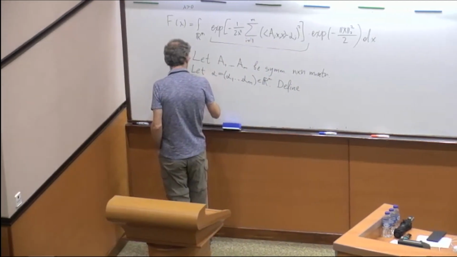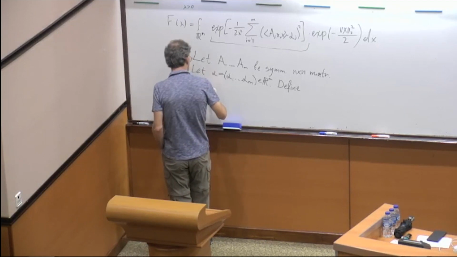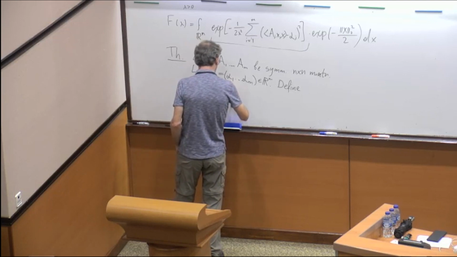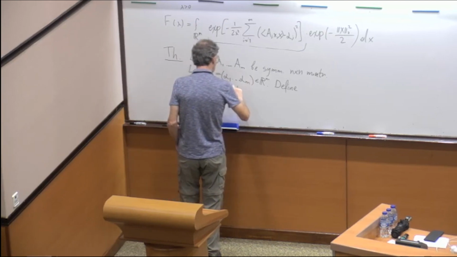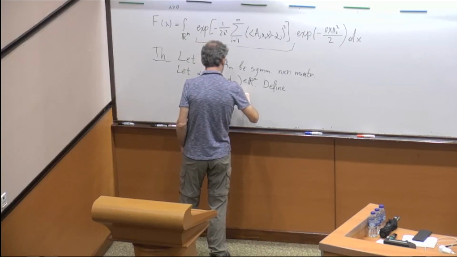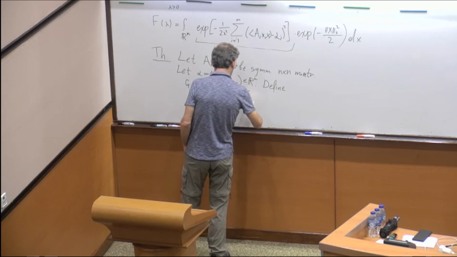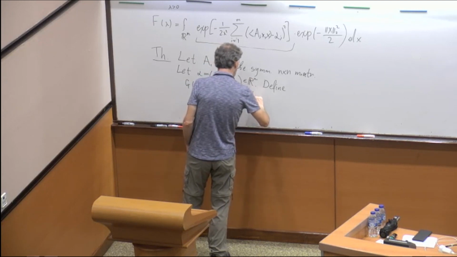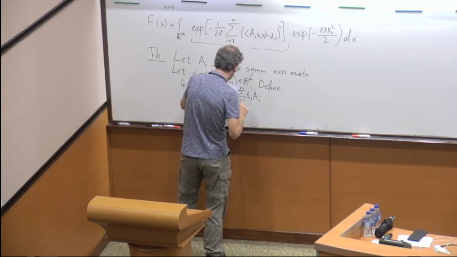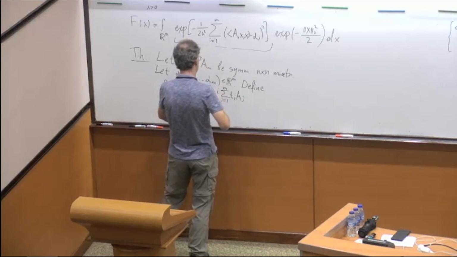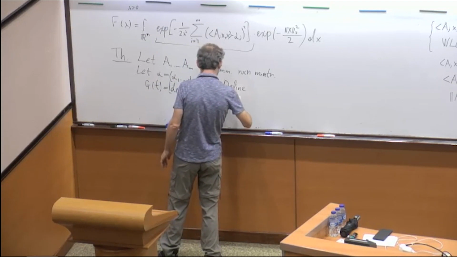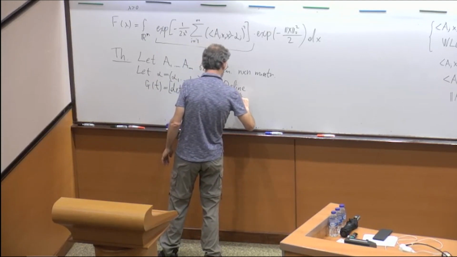Let's say G of t is the determinant of I n minus the summation j from 1 to m of tj Aj times i, the imaginary i, to the power -1/2.